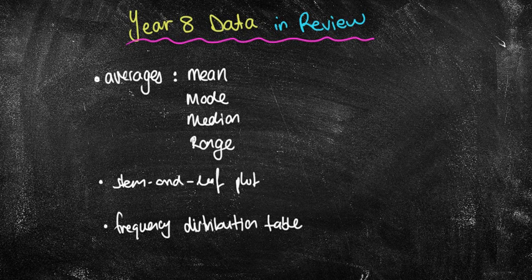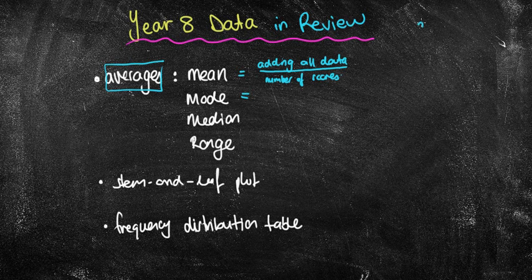Okay, so very briefly, hopefully you remember, particularly looking through those videos you have just watched, that the mean is what we recognize as the average, the most regular average. It's kind of what these are all types of. And that's looking at adding all the numbers and then dividing it by the number of scores.